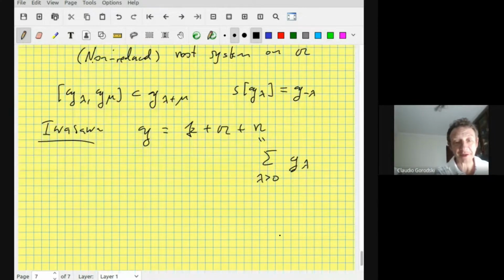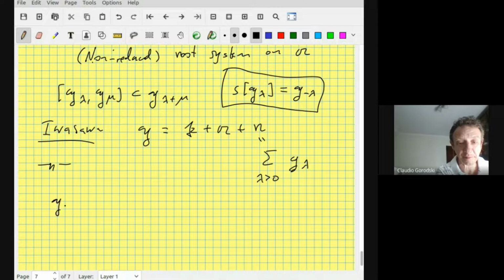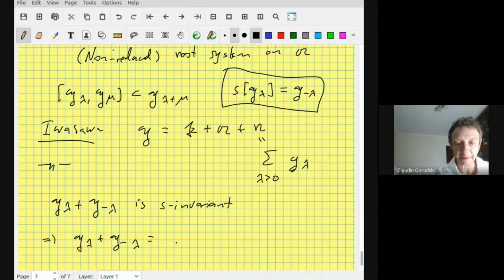Let me finish and just relate these restricted roots with K plus P. Because of this, G_lambda plus G_minus_lambda is S invariant. So therefore, we can write it as K_lambda plus P_lambda.